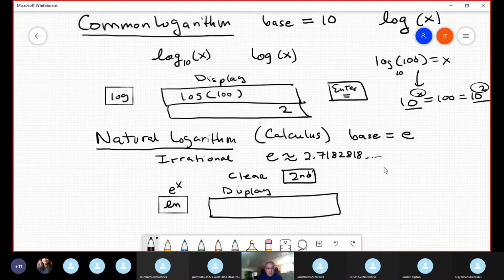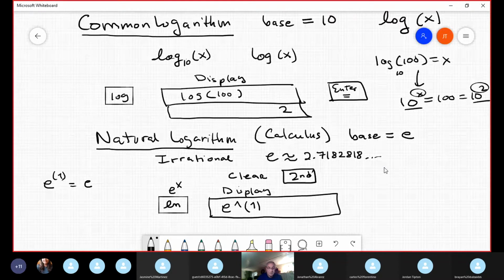you see e, that symbol, and an open parenthesis. This is e to the x, e to the something. Remember, in the calculator, it opens the first parenthesis. And you put inside here, out of curiosity, 1. This is just e. You put 1, close the parenthesis, and press enter.